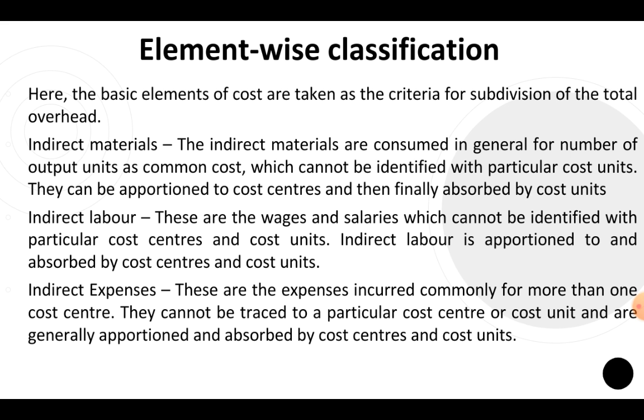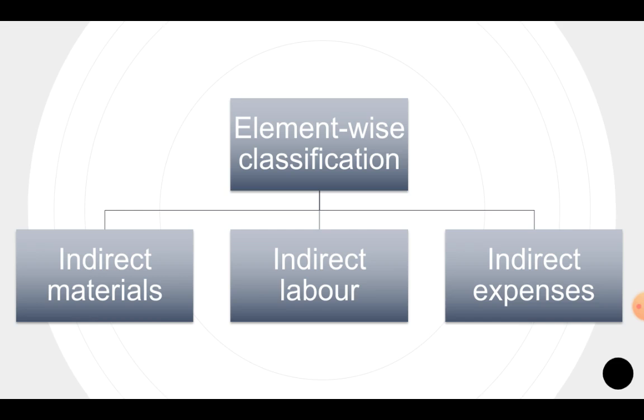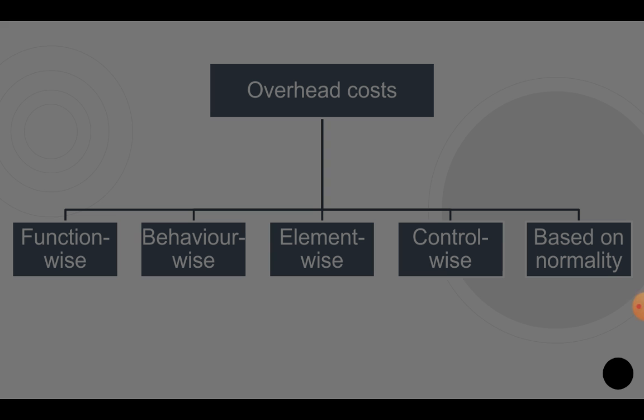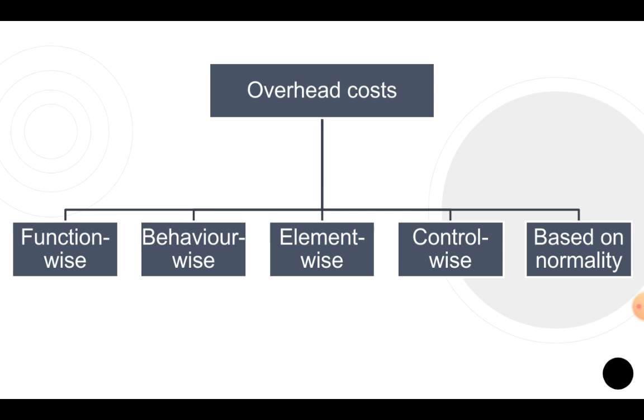And then other than that, you've also seen that we have a few other classifications. You have the control-wise classification of overheads and also classification based upon normality. So I'll just give you a brief introduction into these remaining two, though you do not need them. So control-wise classification, the costs will be classified into two parts: controllable costs and uncontrollable costs.